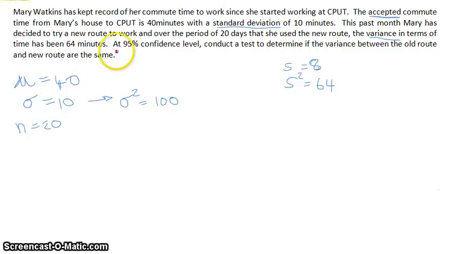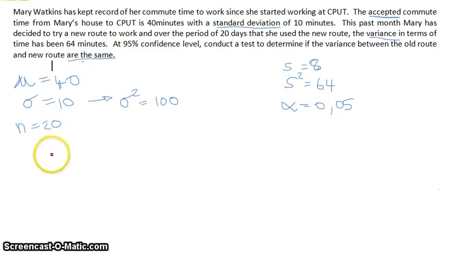So we continue reading. At 95% confidence level, which is a 5% level of significance, by implication alpha is 0.05. Conduct a test to determine if the variance between the old route and the new route is the same, and that tells us what kind of hypothesis we're going to be using.